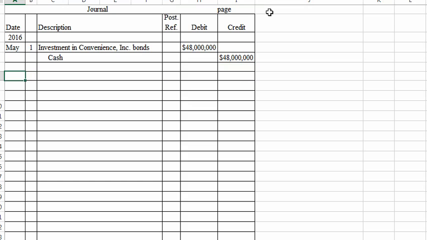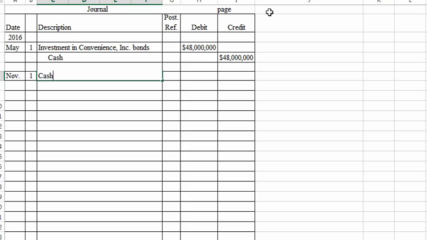Okay, then we get to, and I just added that one in. They didn't ask us to do the entry for May 1st. The first one they asked for was November 1st, but I thought we'd take care of that one as well. So on November 1st, it says received semi-annual interest of $2.4 million from the Convenience Incorporated bonds.